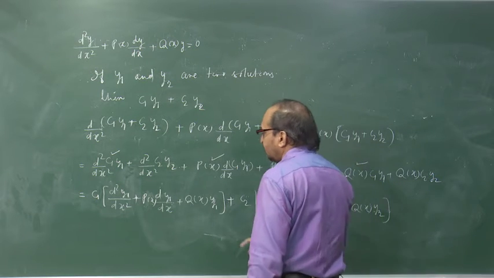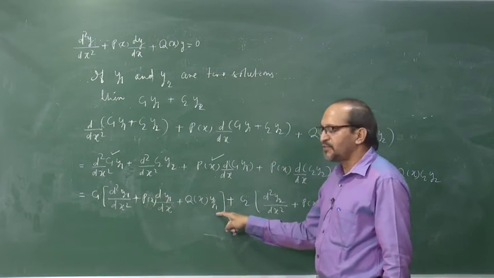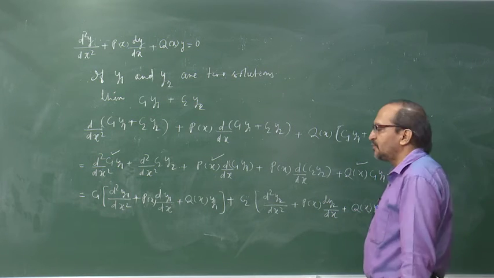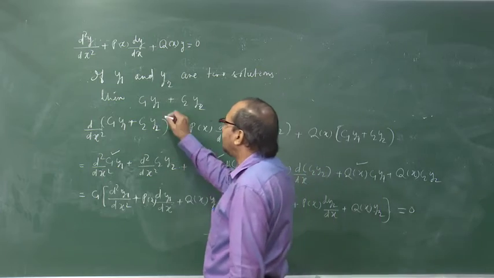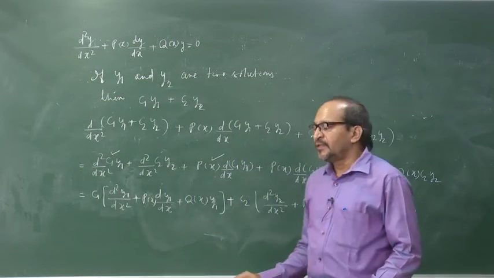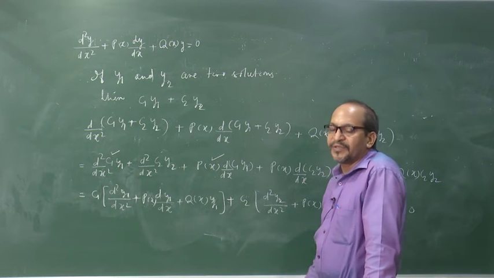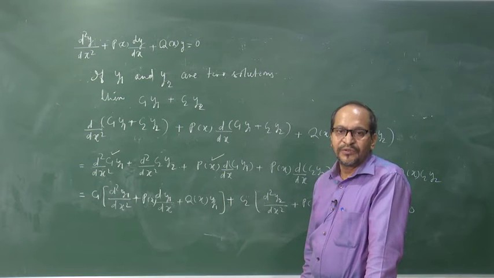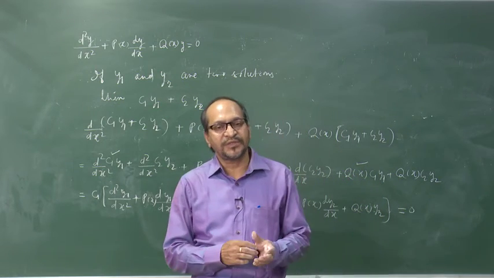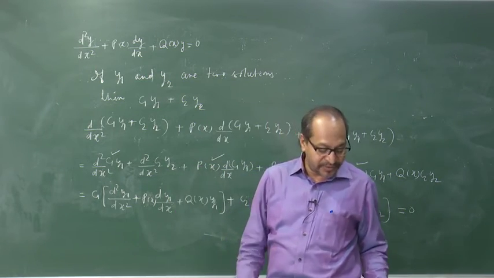As y1 is a solution, the first bracket must be 0, and as y2 is a solution, the second must be 0. So, this is equal to 0. Therefore, if y1 and y2 are two solutions of the differential equation, then their linear combination C1 y1 plus C2 y2 is also a solution. These are the general theorems of solutions of a homogeneous differential equation.